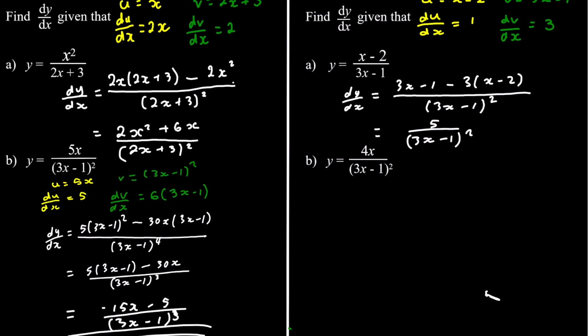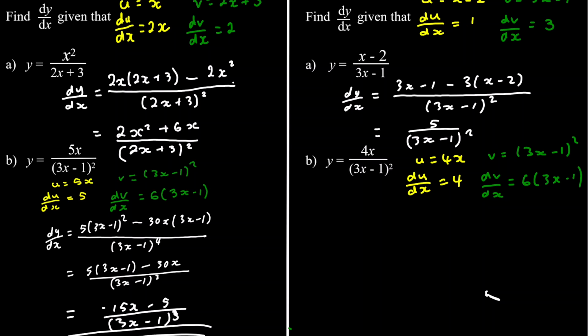And part B, so u is 4x, du dx is 4, v is 3x minus 1 squared, dv dx is going to be 6 times 3x minus 1.